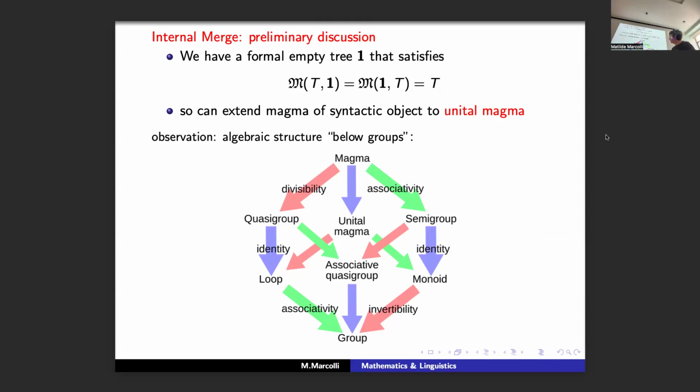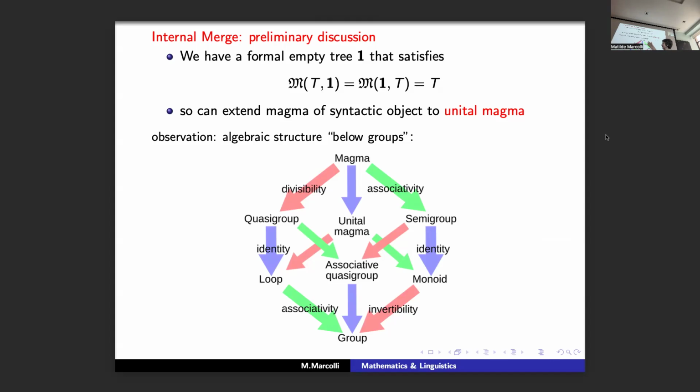So I just want to make a kind of side remark here that most of the algebraic structures that you encounter, this is algebra below the level of groups. As a mathematician, usually your knowledge of algebra starts here and goes on from here.